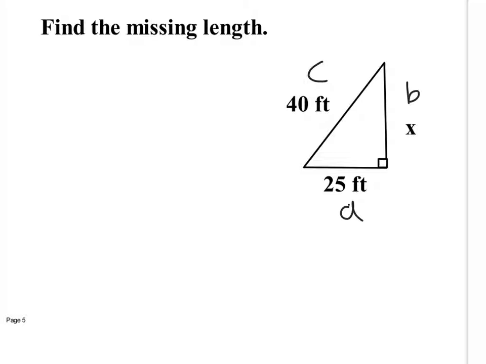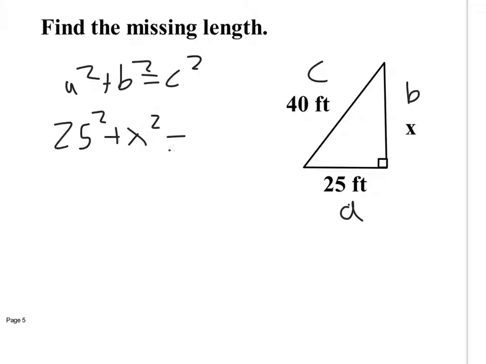So let's go ahead and fill out the Pythagorean Theorem. A squared plus B squared equals C squared. A is 25. B we don't know. And C is 40.